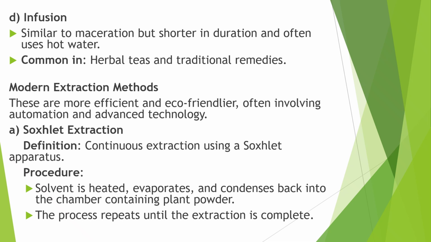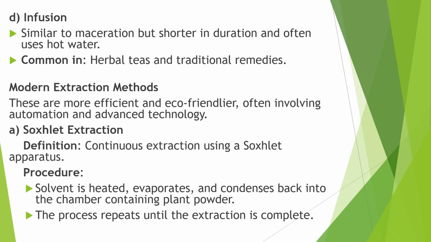So moving to the procedure for the same. Solvent is heated, evaporates, and condenses back into the chamber containing plant powder. So you have to take the plant material in coarsely powdered form, and it will be taken in a cloth-like paper, through which solvent can easily penetrate.